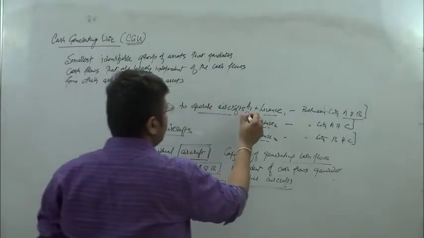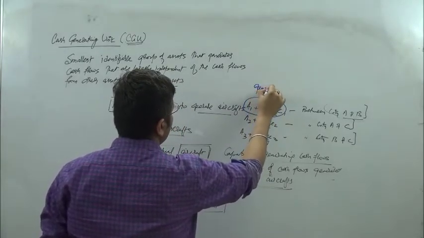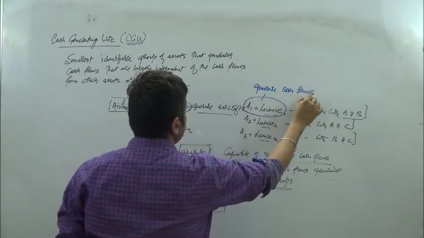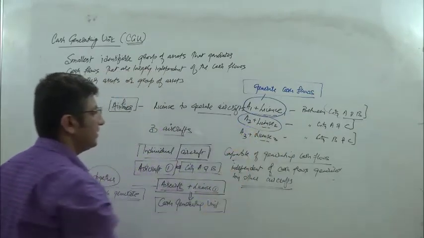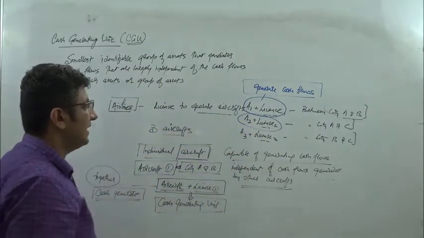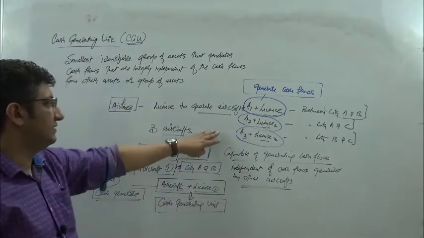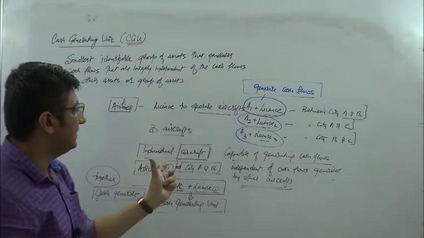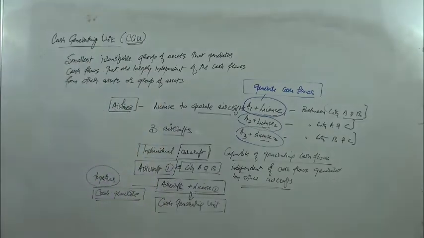I have a group of these 2 assets which are able to generate cash flows independent of the cash flows generated by A2 and license 2 or L2, and A3 and license 3, which is L3. Sounds okay? Now let's make a twist around this further and see whether we are able to understand the concept even better.